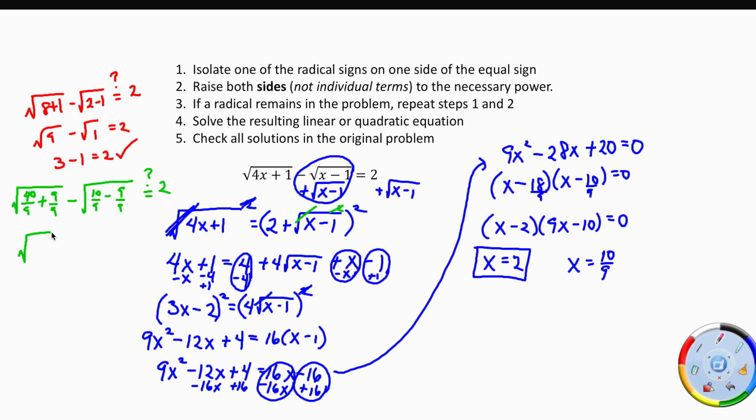So is the square root of 49/9 minus the square root of 1/9 equal to 2? Is 7/3 minus 1/3 equal to 2? 6/3 equal to 2? Yes. Notice this time they were both solutions. I must check both answers every time.